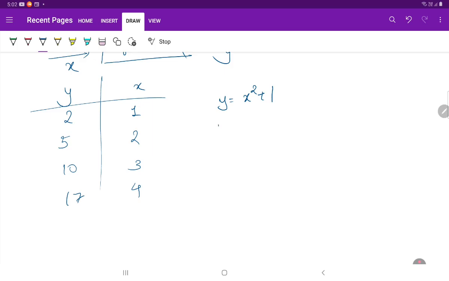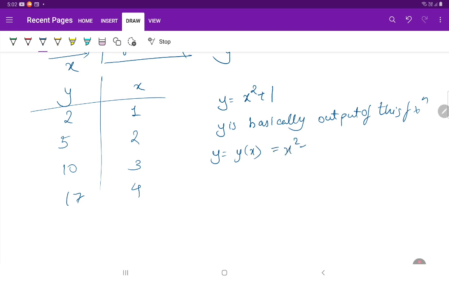This implies that y is basically the output of this function. That's why we also denote y as y is a function of x, which is written as x square plus 1. So f of x is actually a function which operates on x and returns you the value of x square plus 1. Okay. Now this is the result.